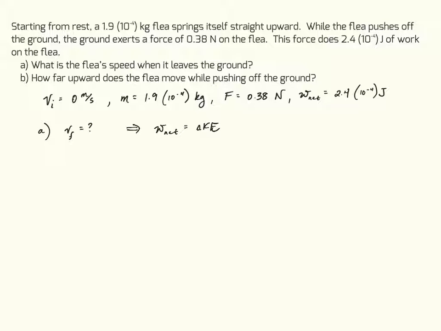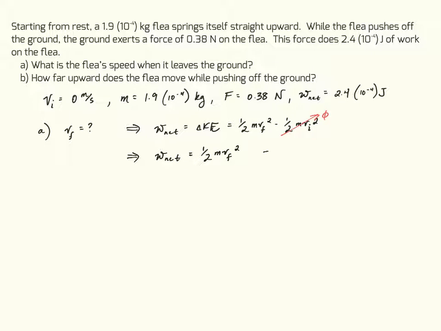Okay, so we're going to say that work net is equal to the change in kinetic energy, which we can say is 1/2 m v final squared minus 1/2 m v initial squared. Well, we know that V initial here is 0, so this guy is just going to go away. So what we're going to have here then is work net is equal to 1/2 m v final squared.